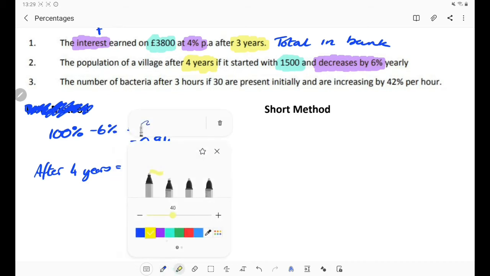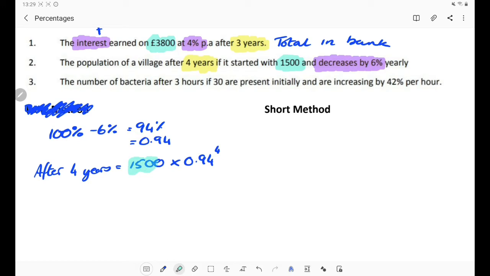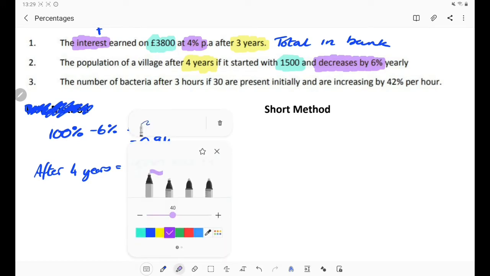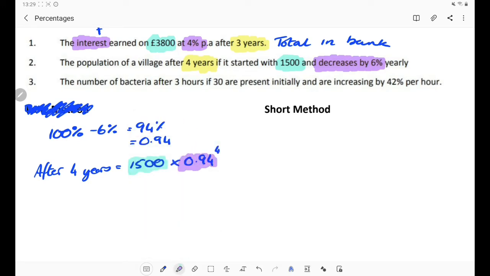And I'll just color code that for you. So the amount times the decimal to the power, which is the number of years. You then type that into your calculator. Make sure you take the time to try this yourself so you are absolutely positive you are getting the same answers as me.